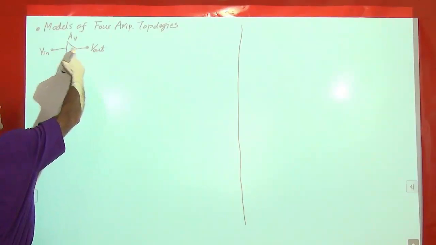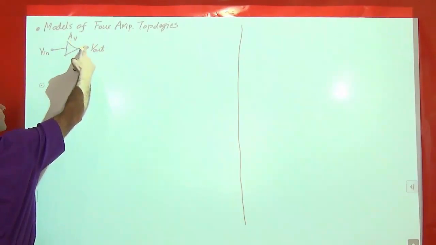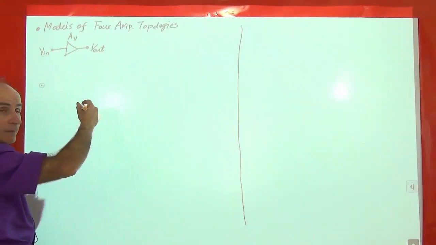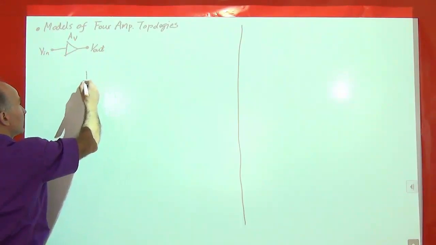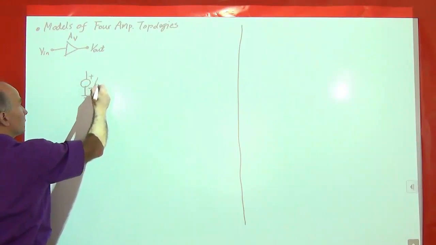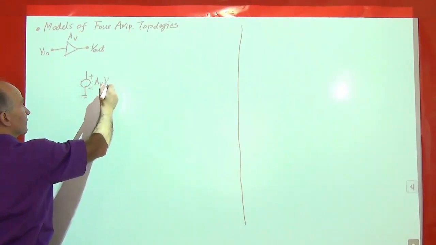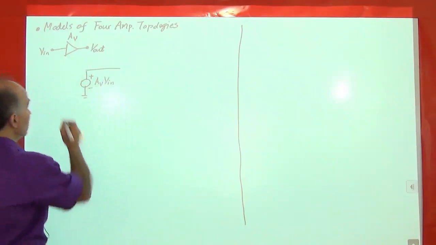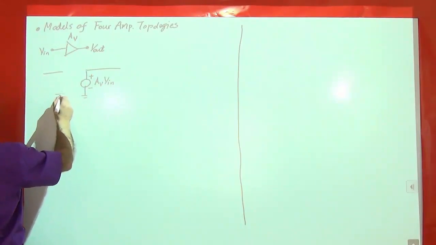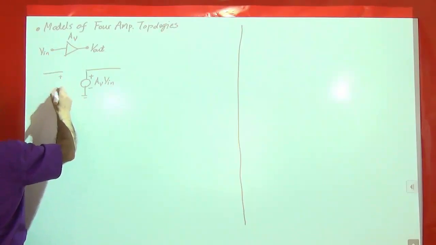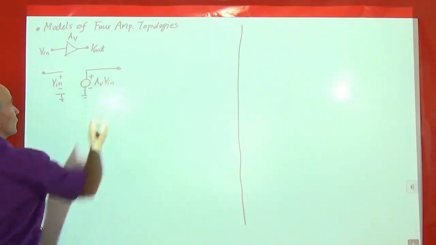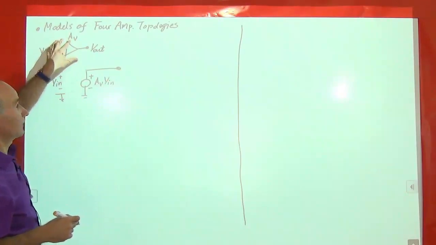All right, well, what should this look like? We know that this circuit generates a voltage at the output equal to AV times V in. So that would be a dependent voltage source equal to AV times V in. And where is V in? Well, V in is just the voltage that appears here. So do you agree that this is a model of that?